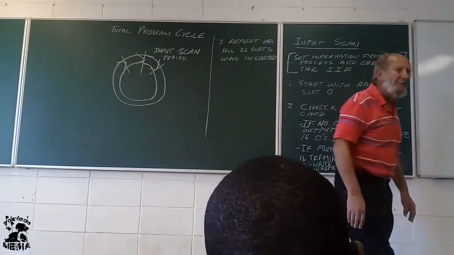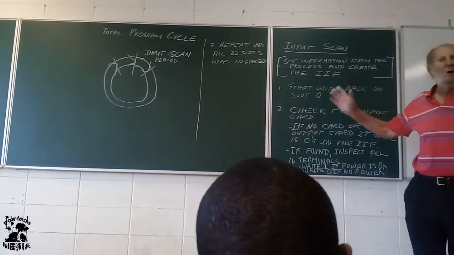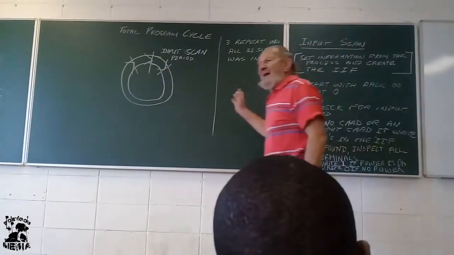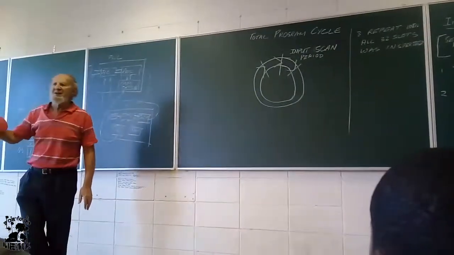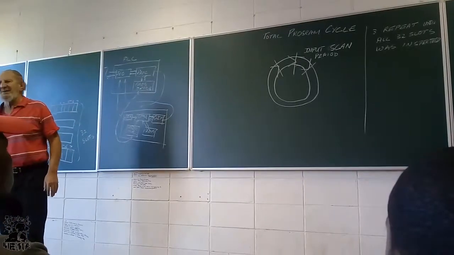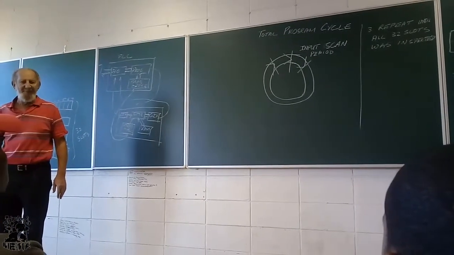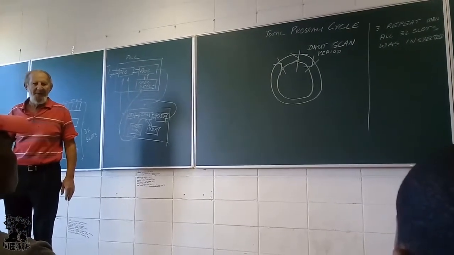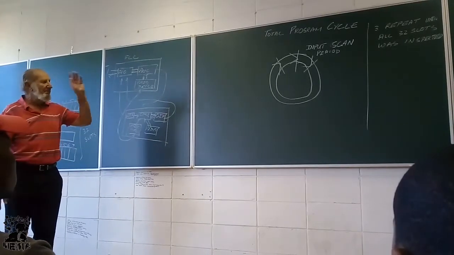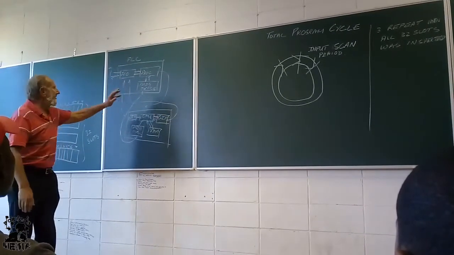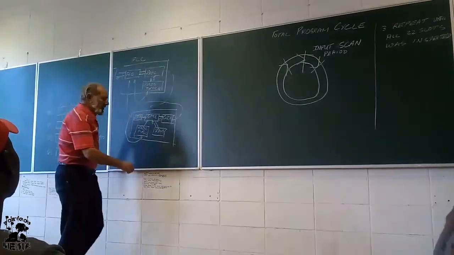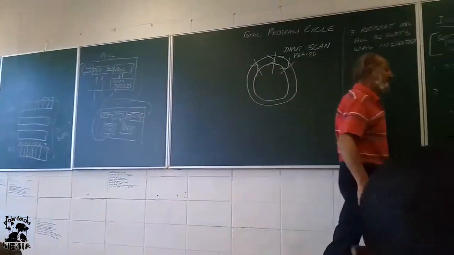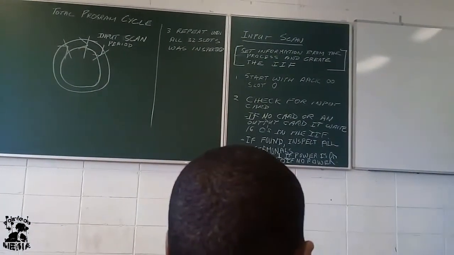You got it? Now when I talk about it, it sounds like a long time, but this takes about 2 or 3 milliseconds. That one's very fast. The important thing that you must realize is that during the input scan, it works here. Let me get a piece of colored chalk.